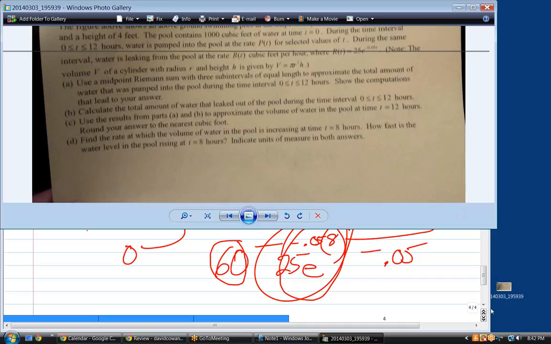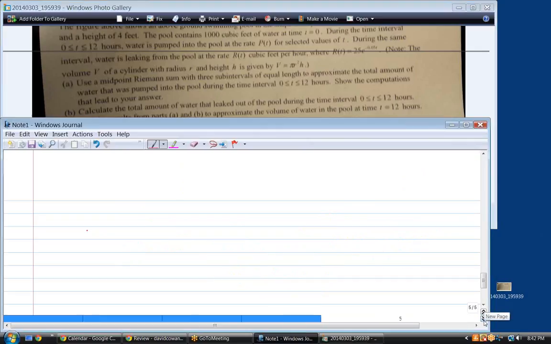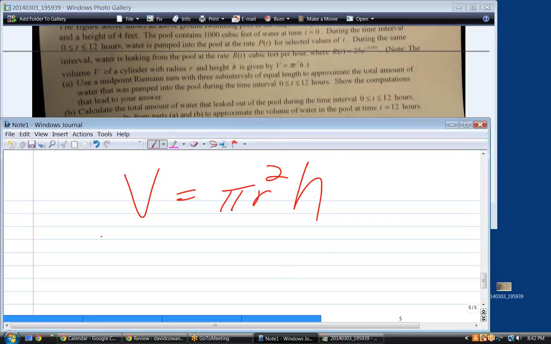Now, the last question is the most interesting one. Volume is equal to pi r squared times h. They want to know how fast the water level is rising at t equal 8 hours.